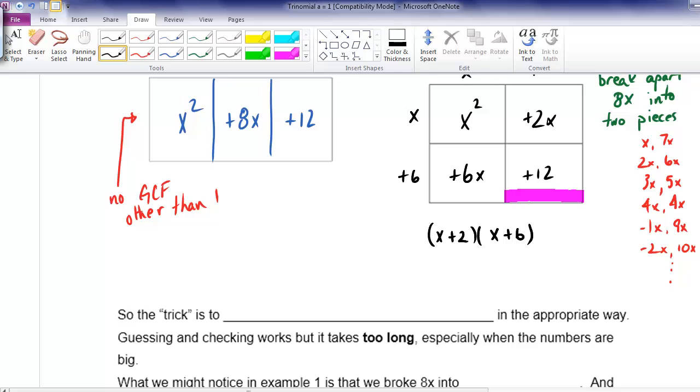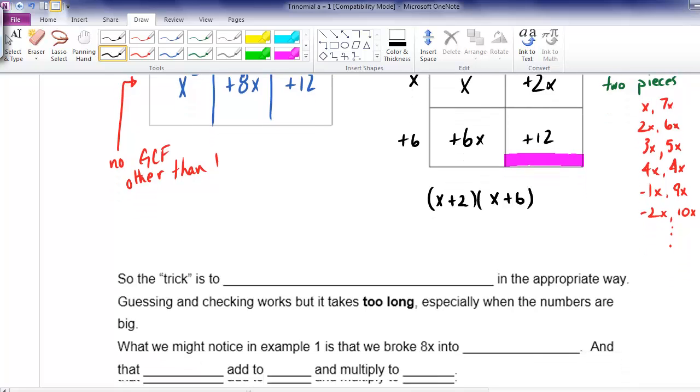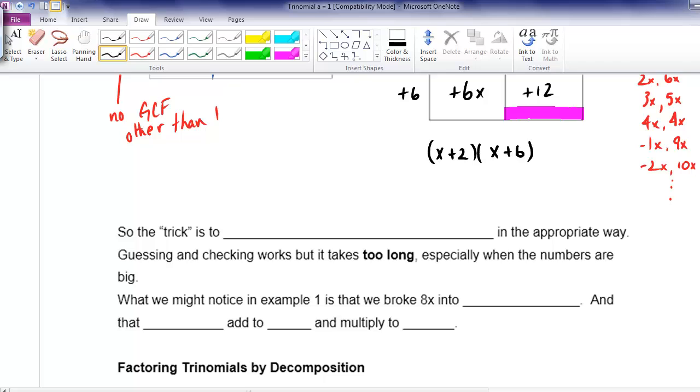There's a little trick to figuring out how to break apart that middle term. So here's our trick then. In order to factor a trinomial, what we have to first do is break apart the middle term, just as I did above in the example.